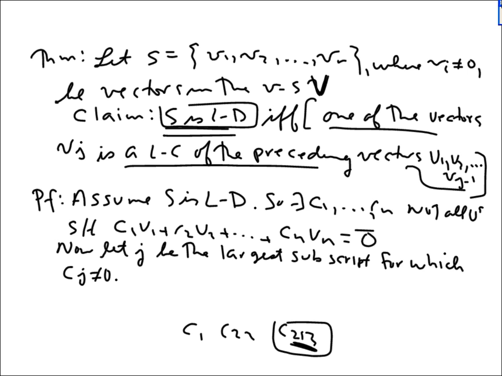I'm concerned with the largest J so that the scalar is not 0. And now everything's going to come together rather nicely for this half of the proof.